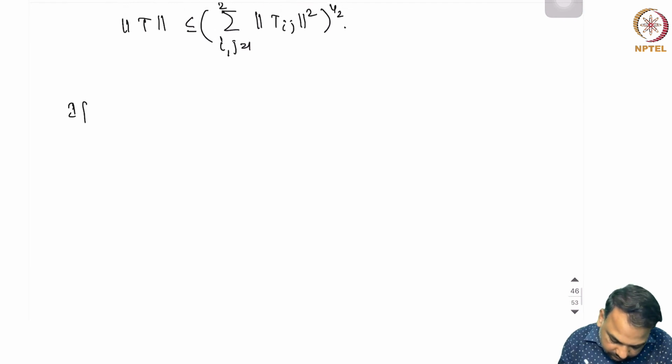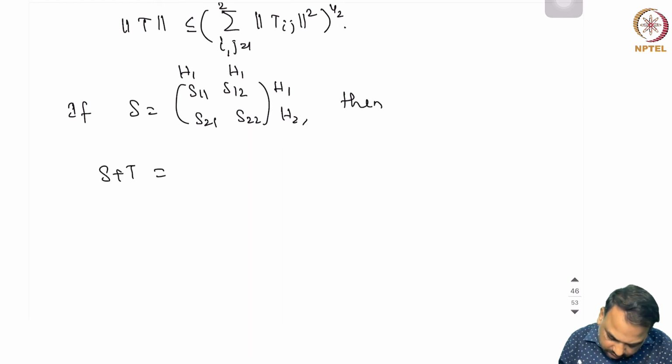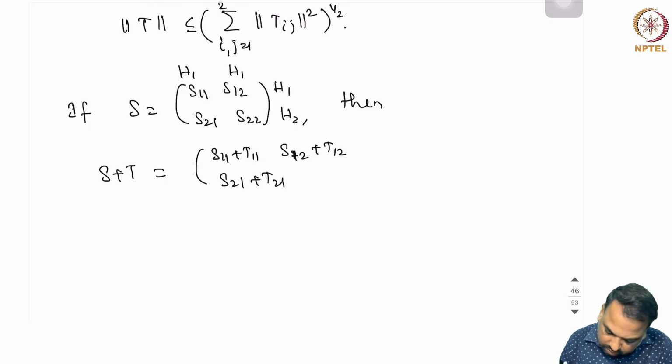If S is S11, S12, S21, S22 with the same decomposition H1, H2, H1, H2, then S plus T can be written as S11 plus T11, S12 plus T12, S21 plus T21, S22 plus T22.